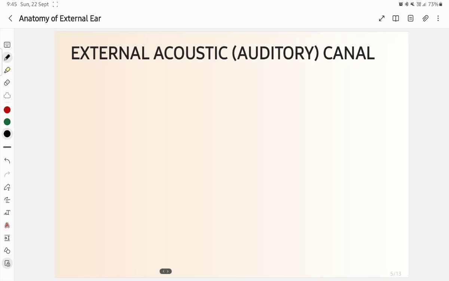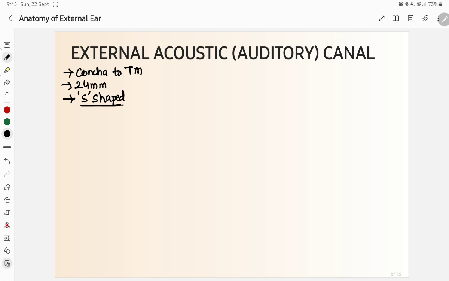Now let's look at EAC. The EAC is also known as the external acoustic canal or external auditory canal. Now it extends from concha to your tympanic membrane. It is 24 mm long. It is not a straight tube, but it is an S-shaped tube.